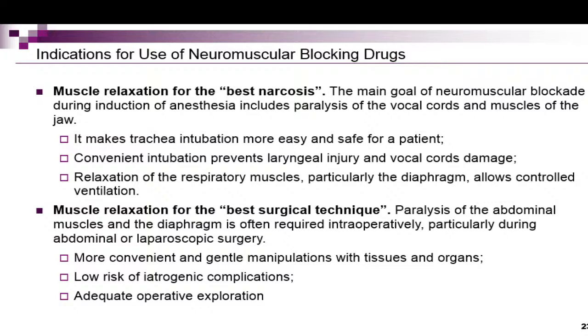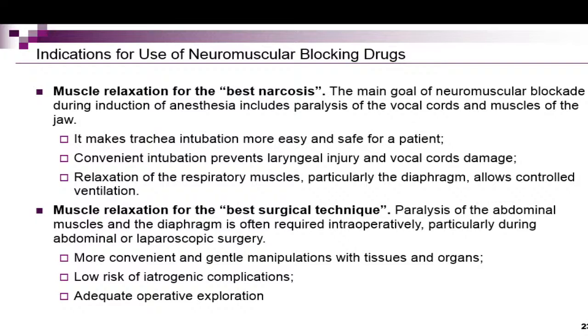Indications for use of neuromuscular blocking drugs: muscle relaxation for the best narcosis. Anesthesiologists must use the neuromuscular blocking drugs for providing adequate narcosis. The main goal of neuromuscular blockage during induction of anesthesia includes paralysis of the vocal cords and muscles of the jaw.